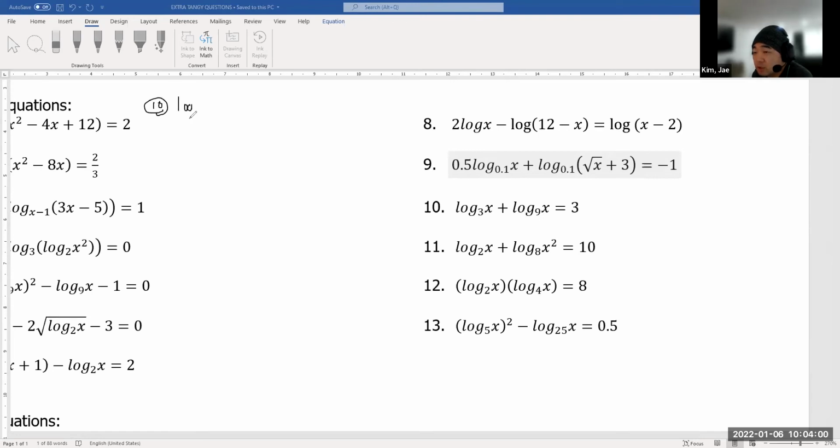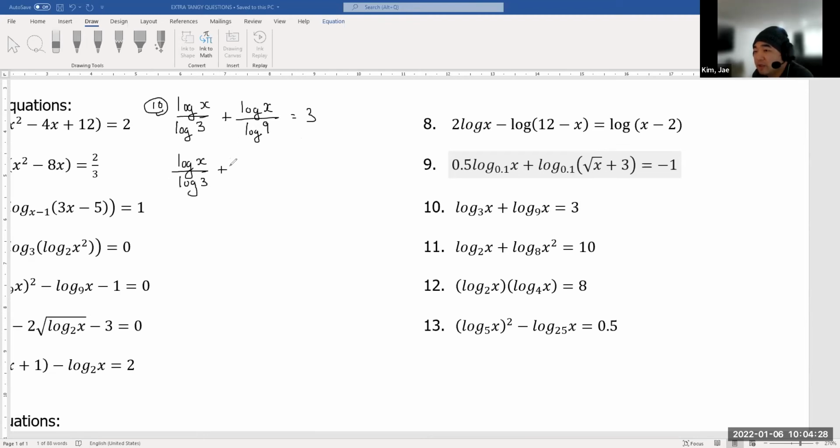Let's do log 10 of x over log 10 of 3 plus log 10 of x over log 10 of 9, which is a 3. I feel like I've seen this question somewhere before. Did we do a question like this in our handout? I think so. This is log of x over log of 3.